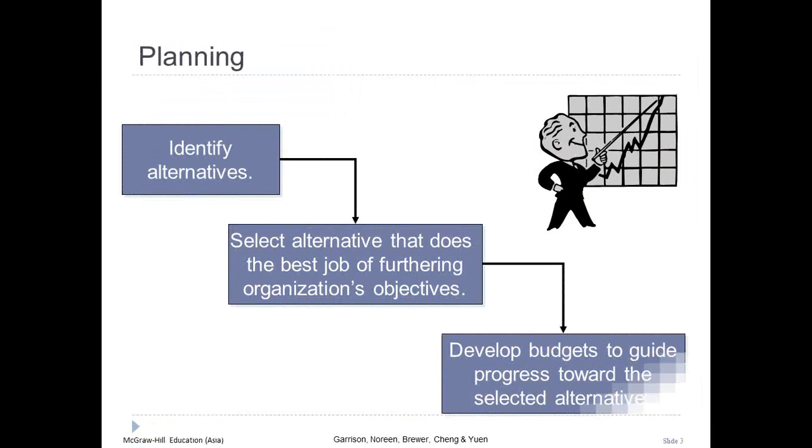Once alternatives have been identified, the plans of management are often expressed formally in budgets. Budgets are usually prepared under the direction of the controller, who is the manager in charge of the accounting department. Typically, budgets are prepared annually.